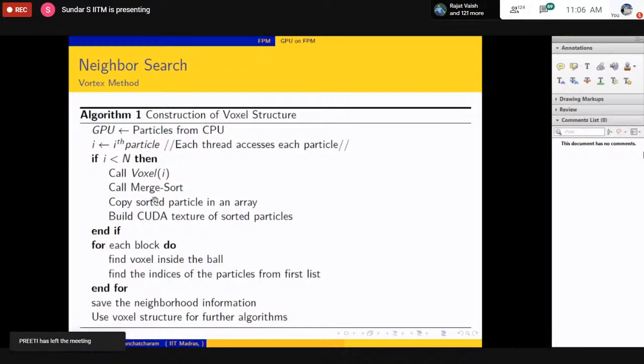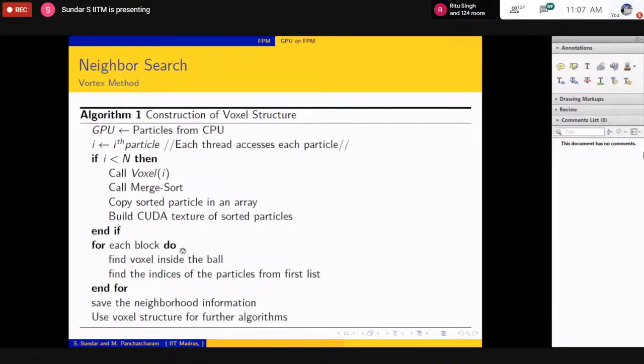After the searching, I know the neighbors. For every global particle I have a neighborhood list, but this neighborhood information will be in sorted form because it is easy for you to access. Copy sorted particles in an array, and build CUDA textures for the sorted particles. This is the way we do that.